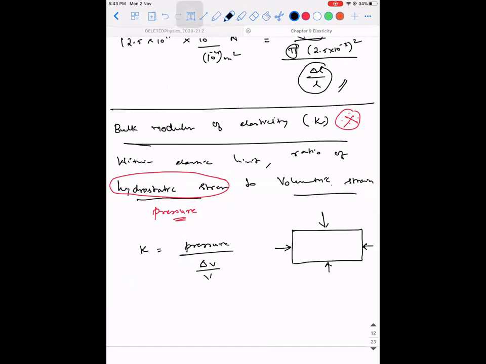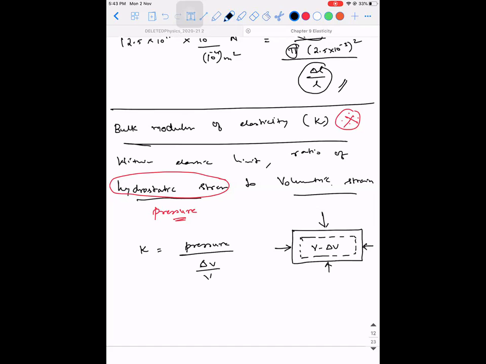It should be applied normal to the surface. Then that particular stress is what is called hydrostatic stress. So when you apply the force equally from all the directions, you can see that the volume of the material will decrease.